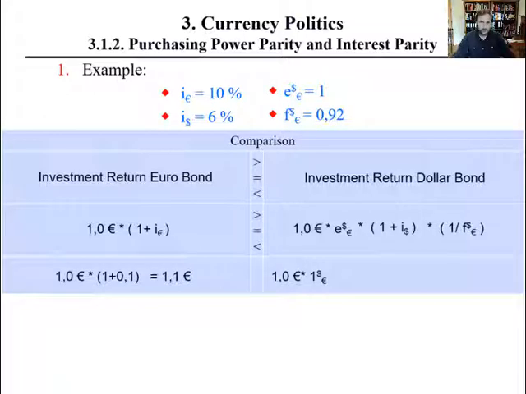For the dollar interest rate, we fill in 0.06, 6%. And for the forward exchange rate, we fill in 0.92 dollar per euro.